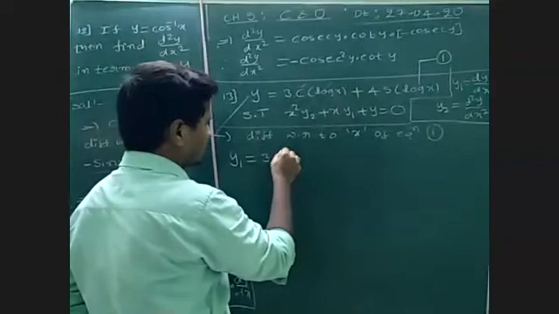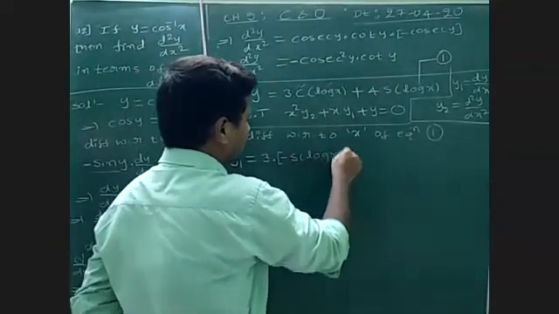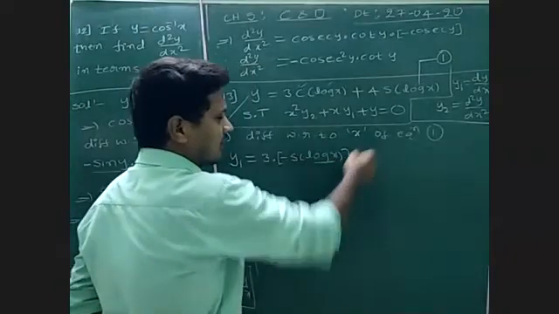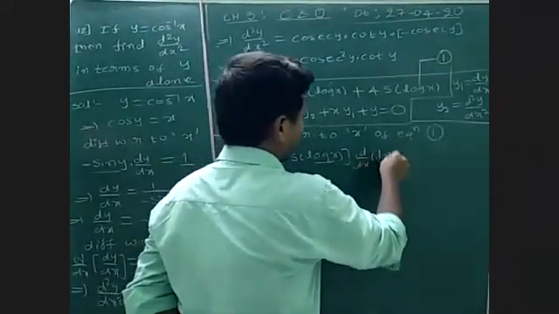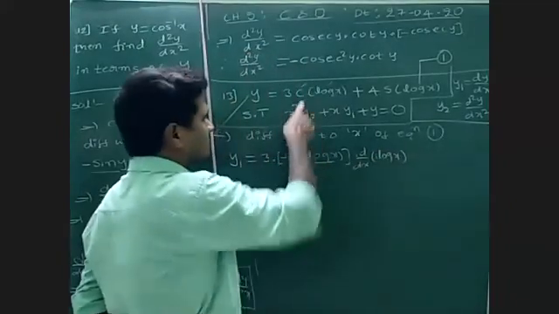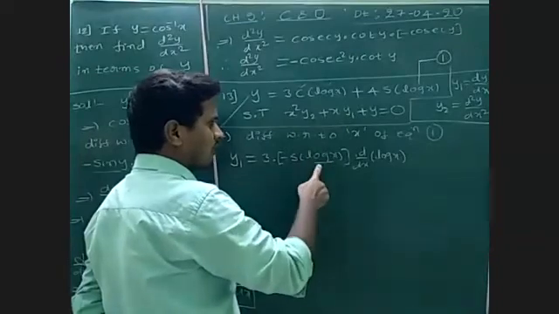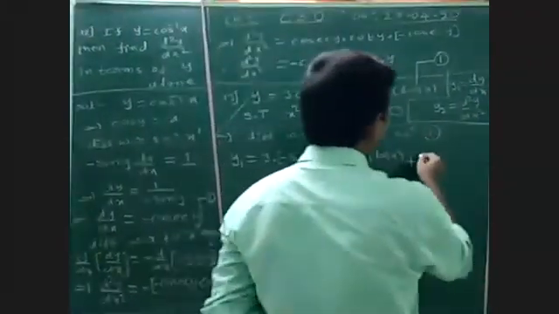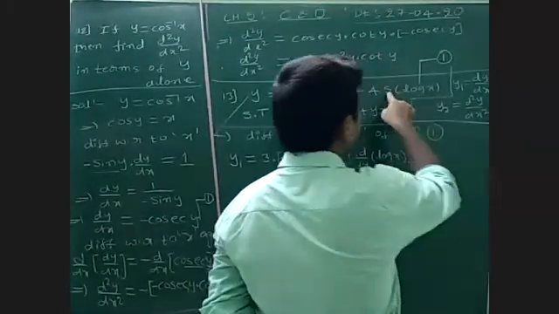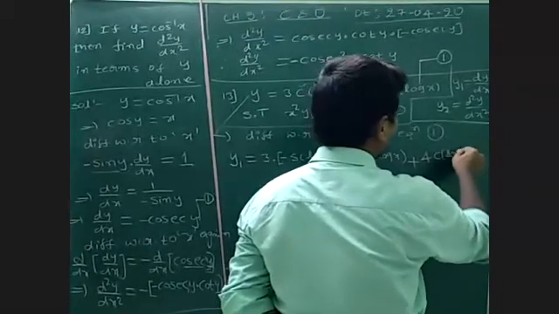Cos derivative is minus sin log x. Again, log x derivative is 1 by x. Otherwise you write one more step, d by dx of log x. Cos becomes minus sin of log x, again log x. Plus, what about here? 4 sin derivative. First sin derivative is cos of log x.